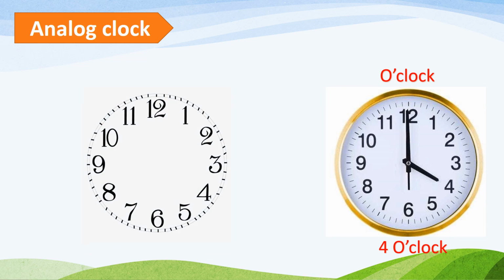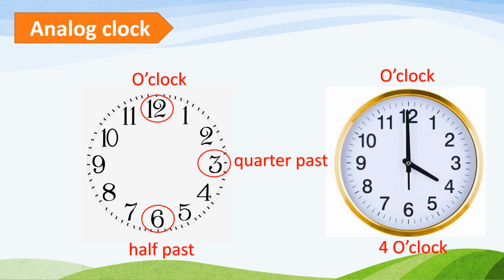In this year, we will study that when the long hand refers to 12, it tells me o'clock. When it refers to 6, it tells me half past. On 3, it tells me quarter past. On 9, it tells me quarter to.